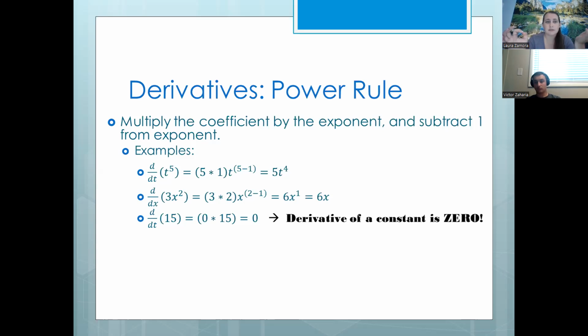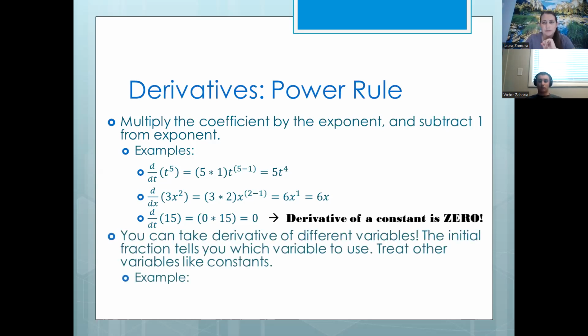So we do 0 times 15, the coefficient times the exponent, and that gives us an answer of 0. So the key thing to notice here, and this is true for any constant, is that the derivative of a constant is 0. If you take notes, put stars next to it, highlight it in all pretty colors, that is a true statement that you're going to use a lot. The derivative of a constant is 0.